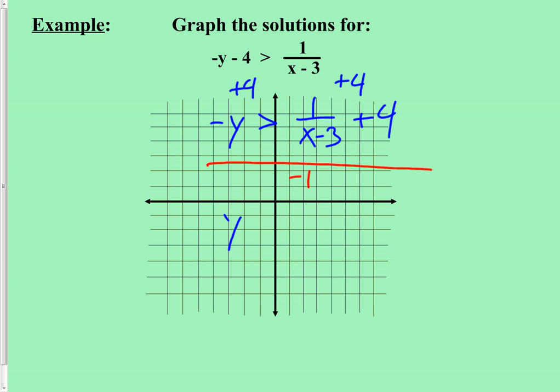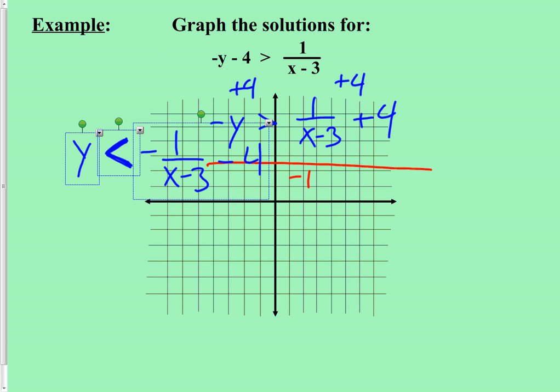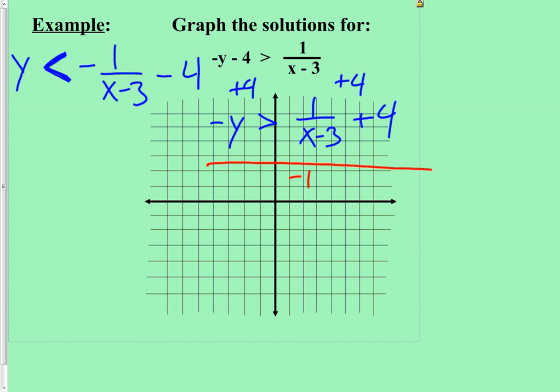That's going to reverse the signs of all of the terms in the problem, but it also does something very important. Remember, if you multiply or divide an inequality by a negative sign, you change the direction of the inequality. So that's going to be important. If you miss that, it's going to make you shade the wrong direction. Okay, so there is our new equation with the variable now isolated.